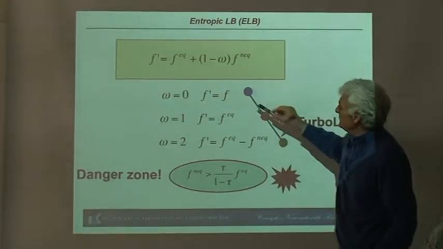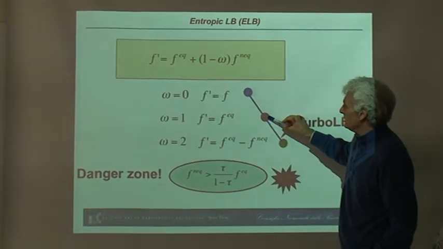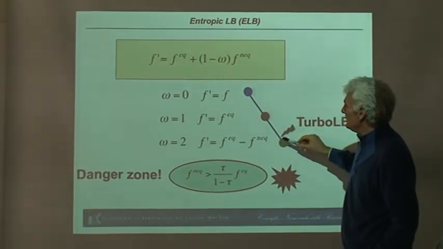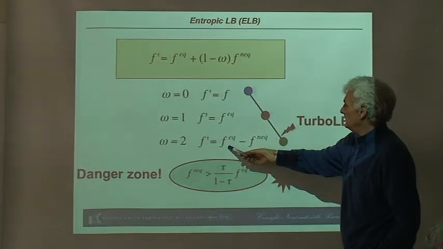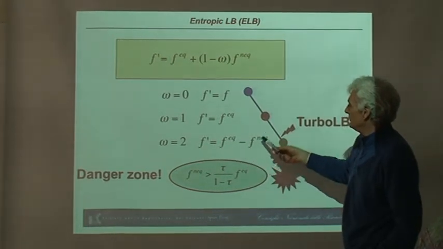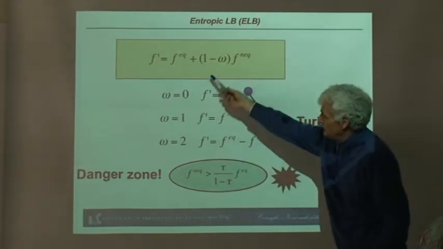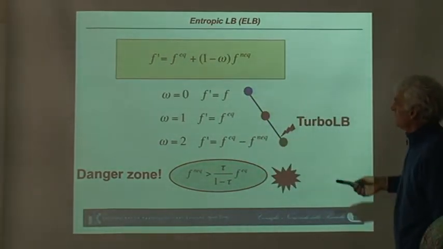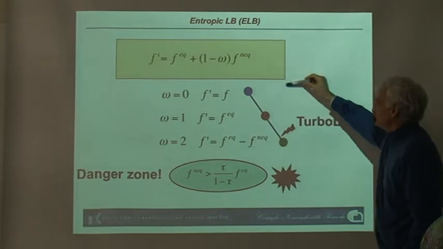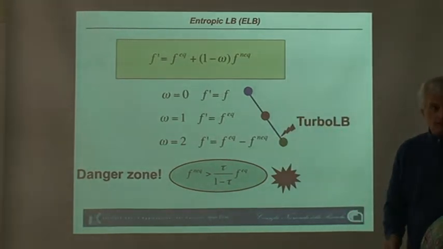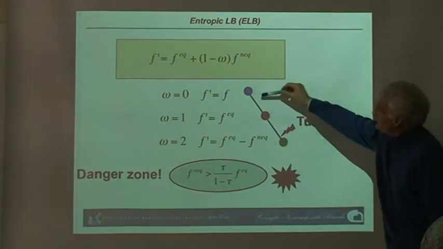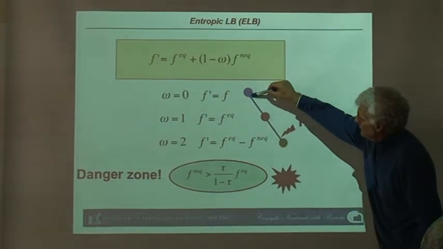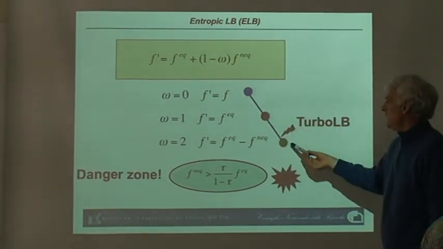Blue is F, red is equilibrium, and green is F equilibrium minus F non-equilibrium, which we can read off from the analysis. So with omega 2, I just jump on the other side, exactly on the other side. So this distance, which is F non-equilibrium, is equal to this distance.